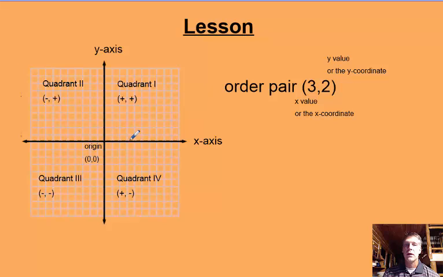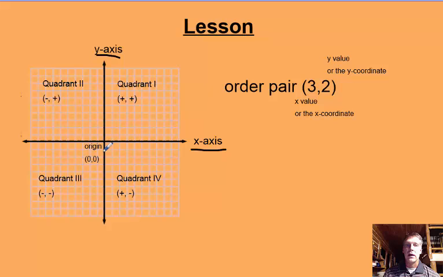So this would be 1, 2, 3, 4, 5, and the back would be -1, -2, -3, and so on. This is our x-axis, and going up and down our vertical is called your y-axis. And again, going up, starting at 0, would be 1, 2, 3, 4, and then dropping down would be -1, -2.